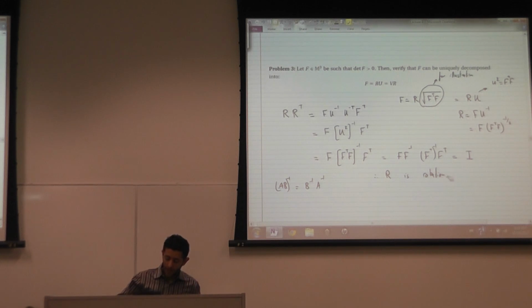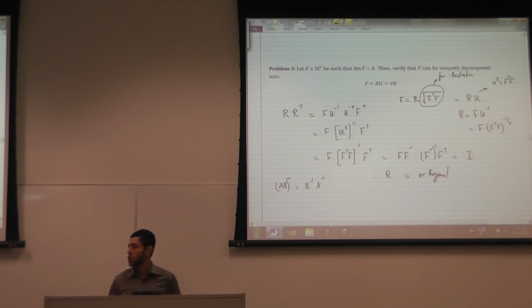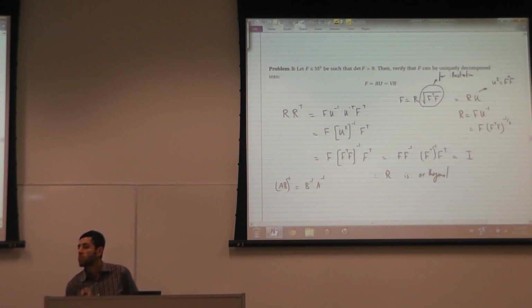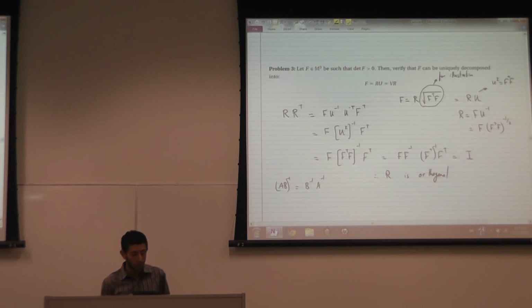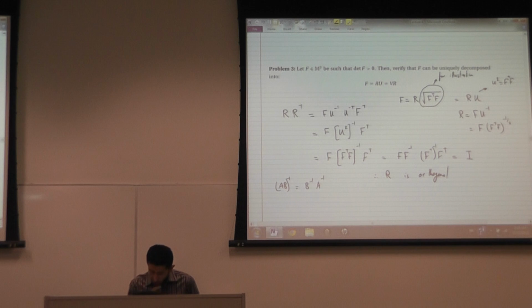What is more correct at this stage? Yes, it's orthogonal. How do I know whether it's a rotation or not? The determinant. That's right. Let's find the determinant of R.